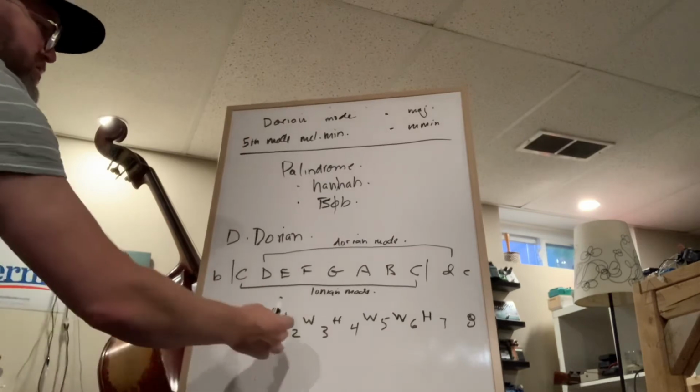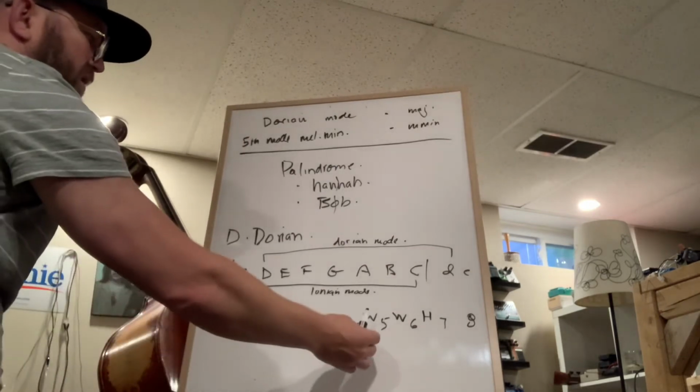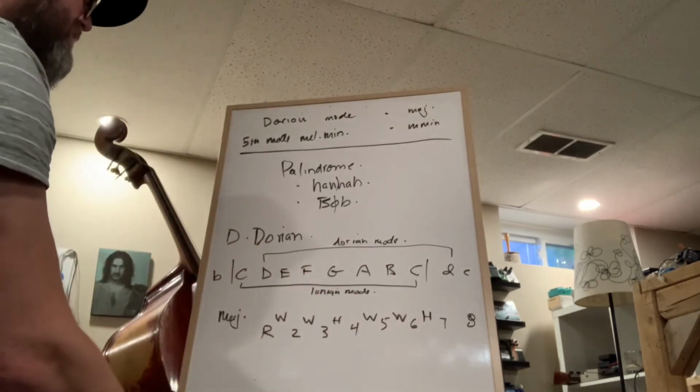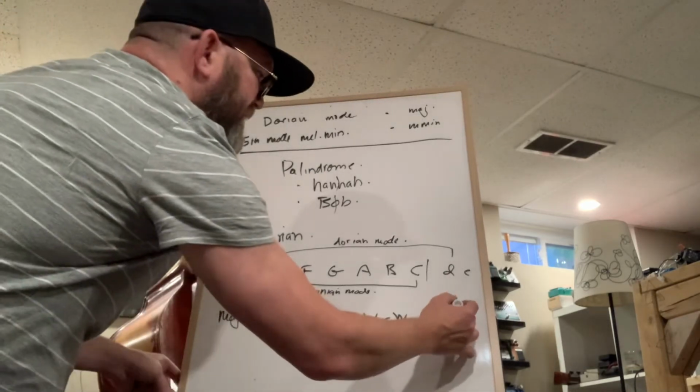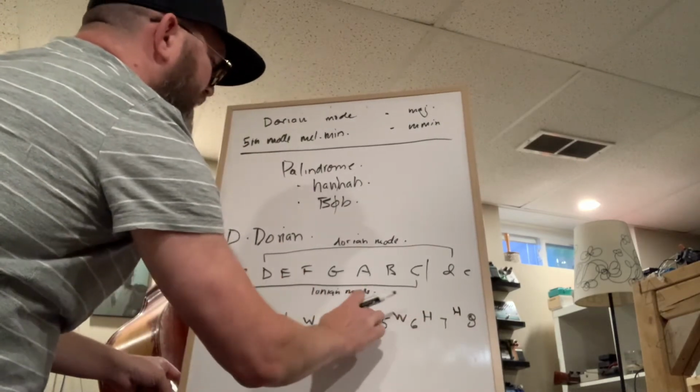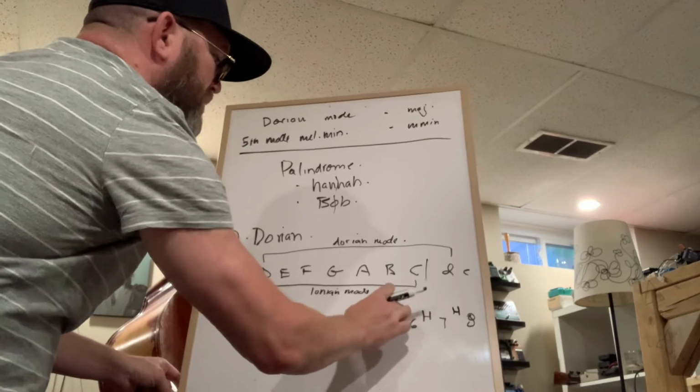So you get this construction: whole, whole, half, whole, whole, whole, half.